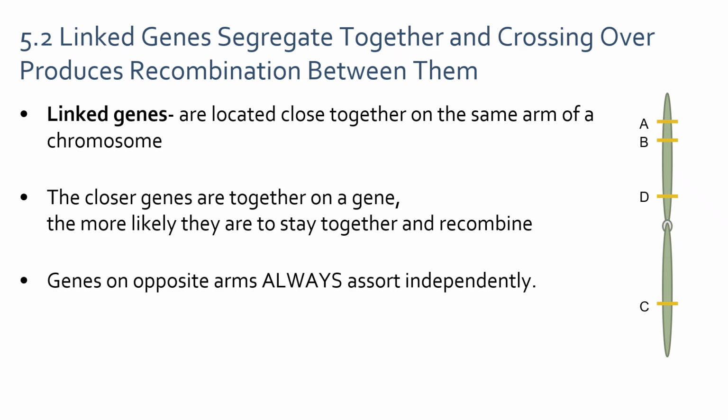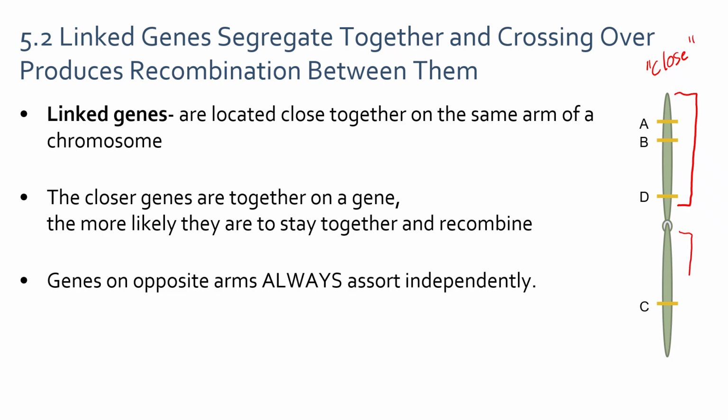And linked genes are going to essentially stay together during segregation and independent assortment. But they behave by a particular set of behaviors. And we'll see in just a little bit, but I'm going to tell you for now that genes that are considered close together are going to be on the same side of a chromosome.